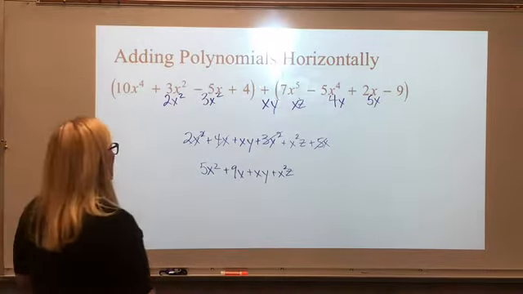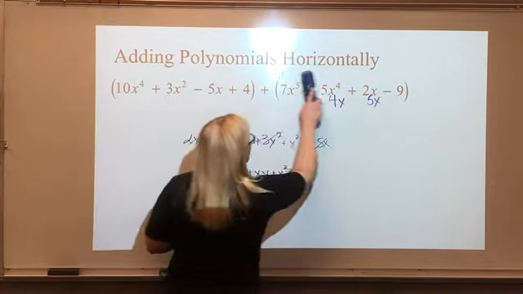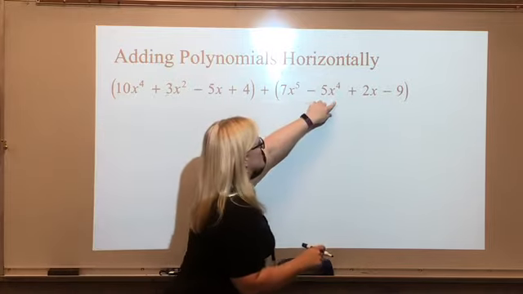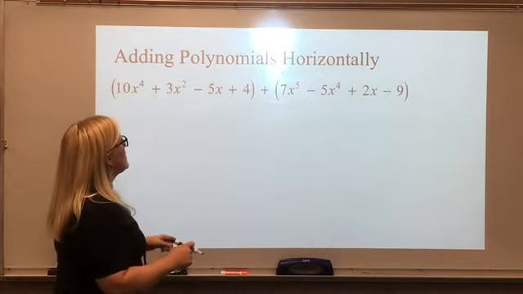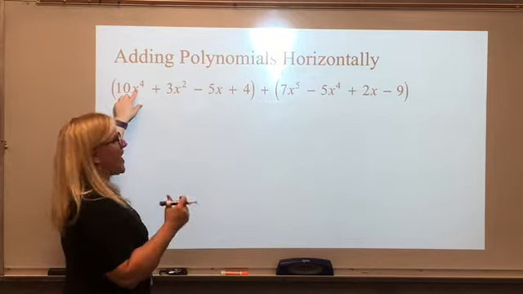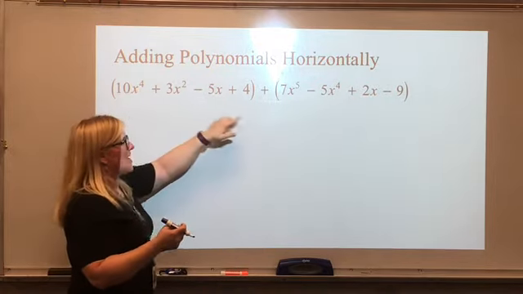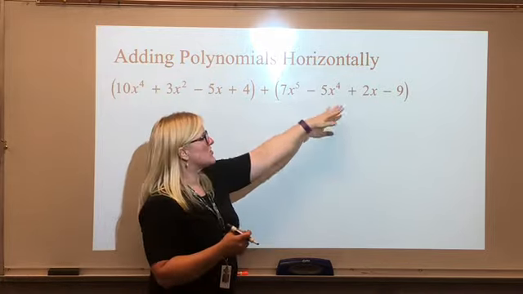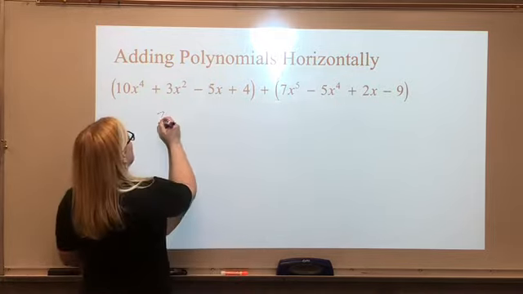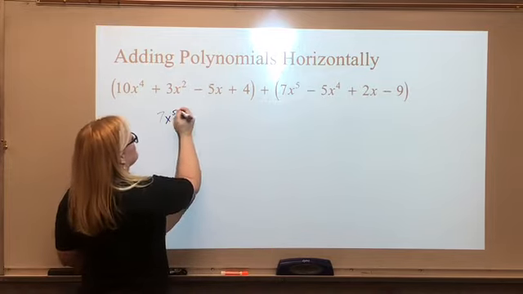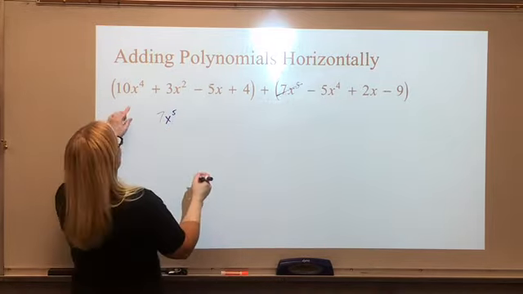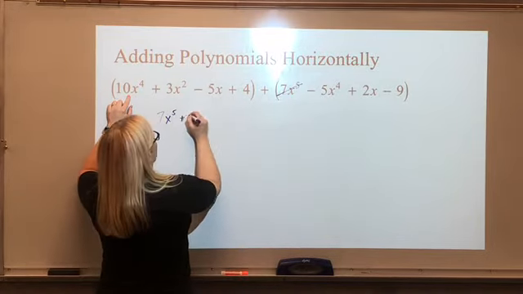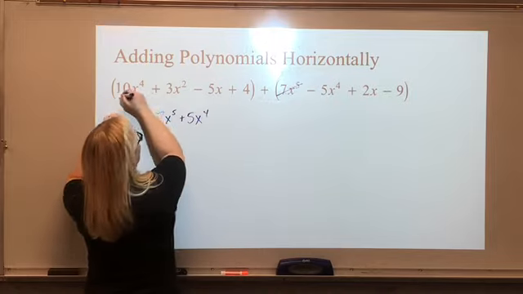So adding polynomials horizontally, this is just when we're adding them and we're going across. I'm looking at these polynomials and I notice that the highest exponent I have is an x to the fifth. So I look to see if I've got any other x to the fifths, and I don't. So this is 7x to the fifth. Okay, I'm going to look at my x to the fourth, so I have 10x to the fourth minus 5x to the fourth is 5x to the fourth.